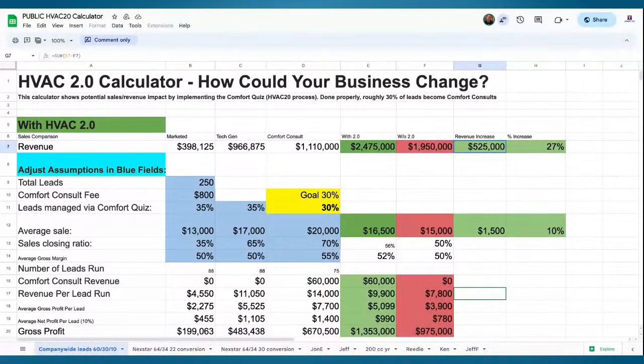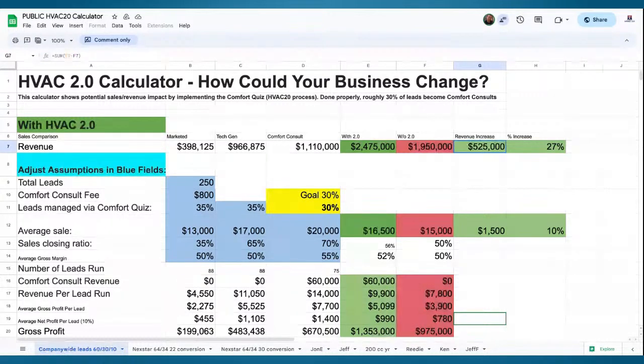You get excited and like, oh, I want to go do that. I want to sell that. Well, we're also excited to see how the free quote impacts numbers and impacts people's lives, because the comfort consult has dramatically impacted these guys and other people's lives. And we're hoping that the free quote is going to be easier than people's current free quote process.